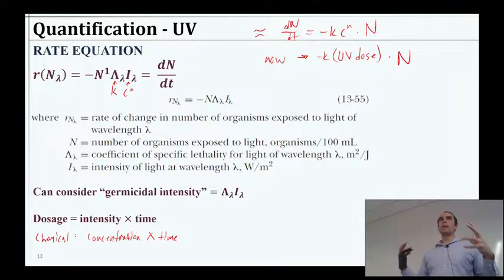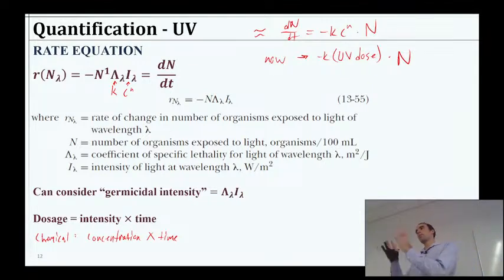So if we're describing a dose, this is how much time that the bacteria, the water, has been exposed to this thing that's killing the bacteria or the pathogen. Okay. Does that make sense?